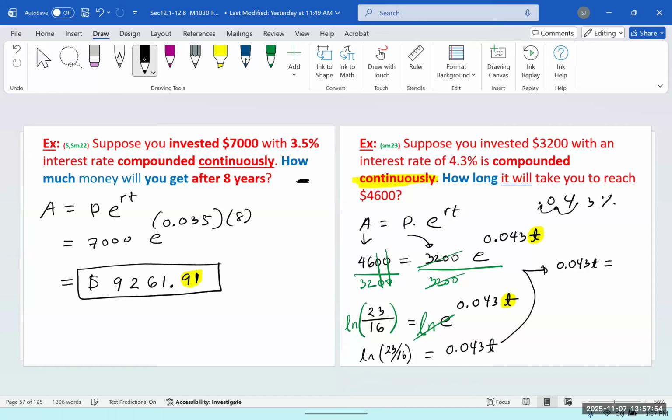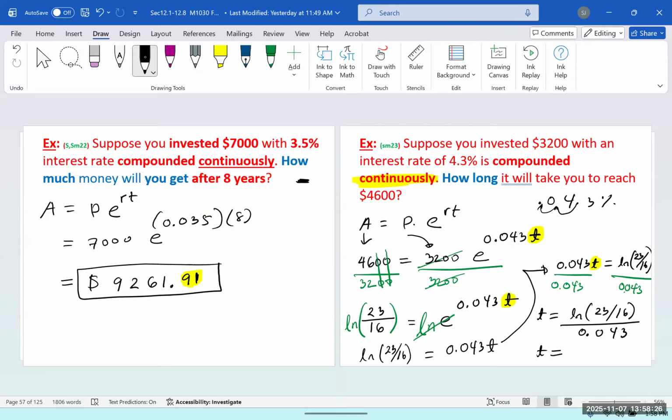So 0.043 t equals ln of 23 over 16. And then we need to divide by 0.043. The t is ln of 23 over 16, whole thing divided by 0.043. So how long do you have to wait?